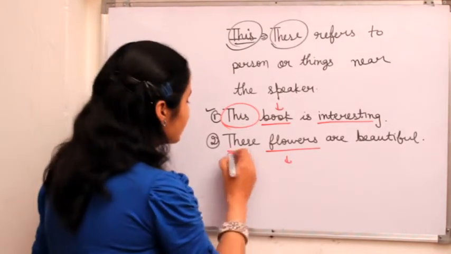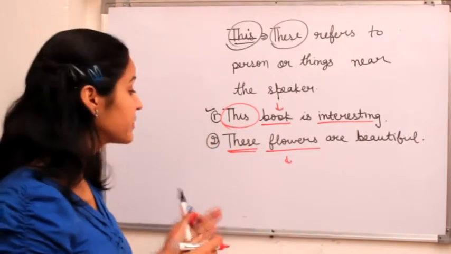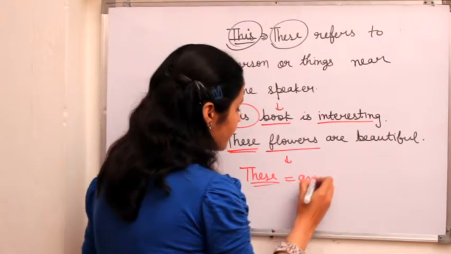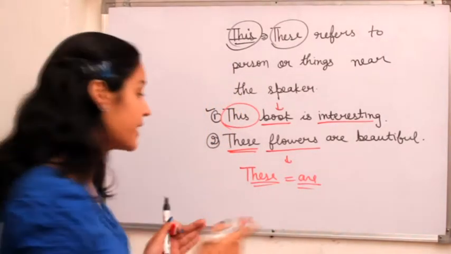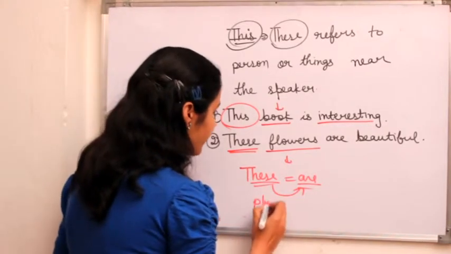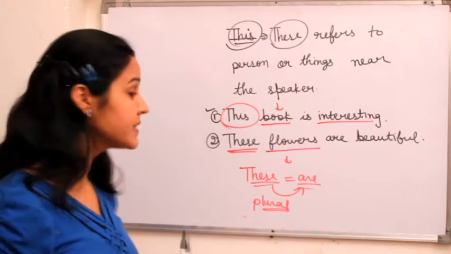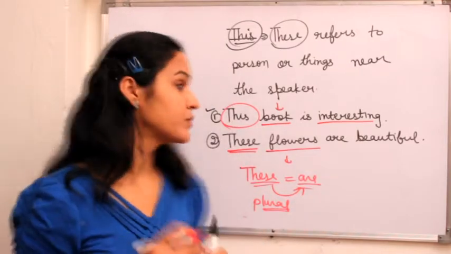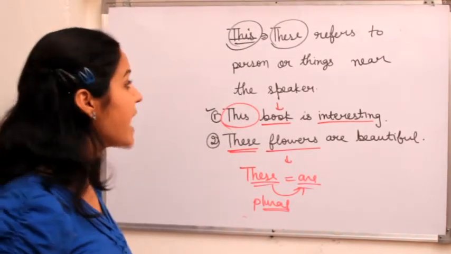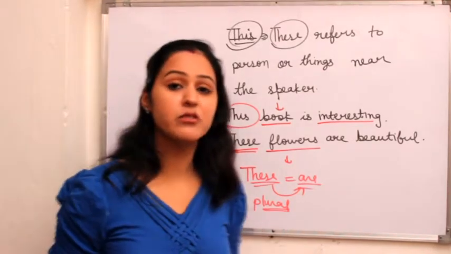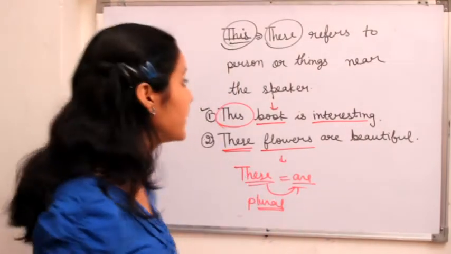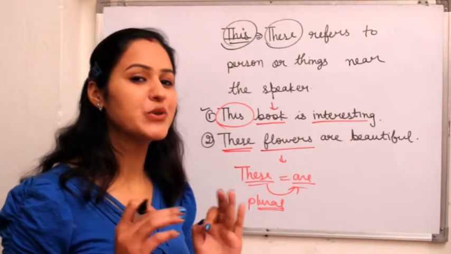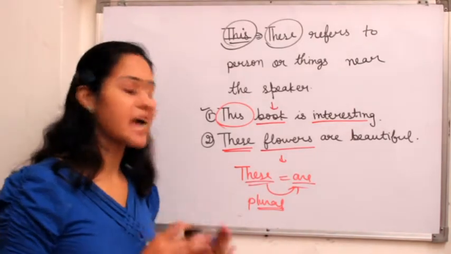That's why I use these, and we use are because I'm talking about plural, and these flowers are also near to you. So this is about this and these.